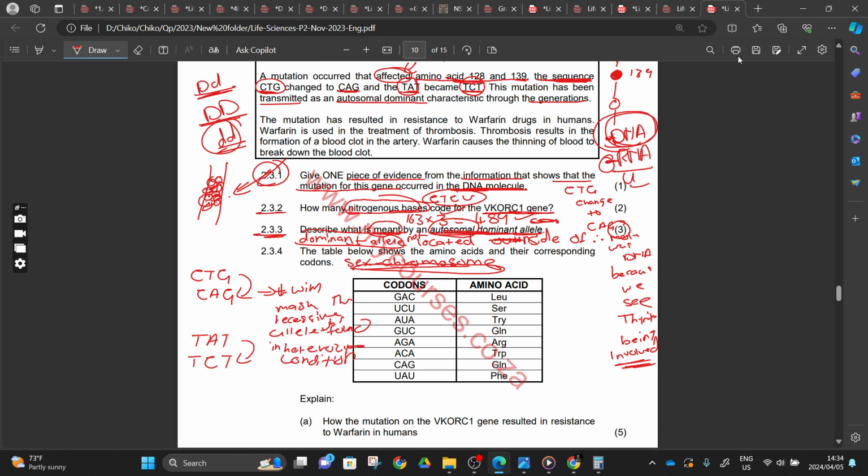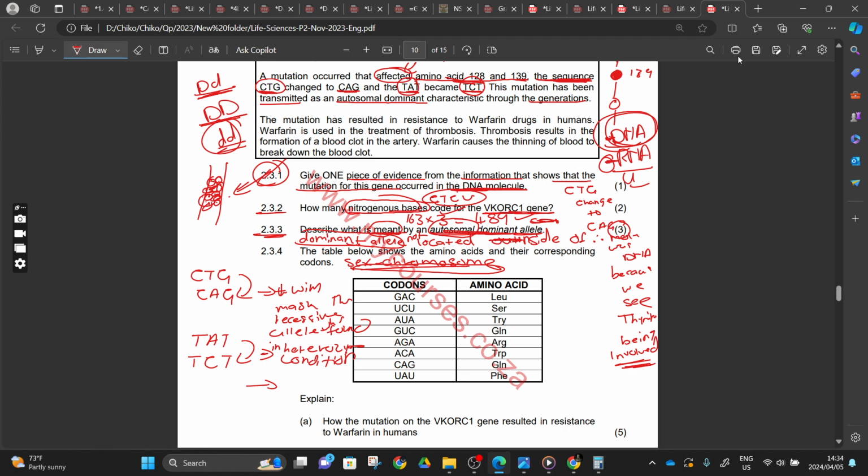Or you can say it will be phenotypically shown when it is found in a heterozygous condition. Same statement as this one.